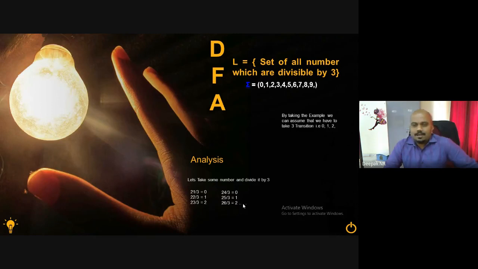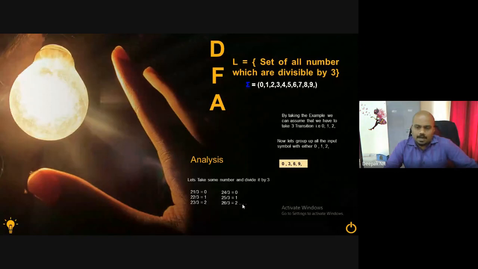Let me take a few more examples on how to start. When I start dividing whole numbers, I'll make groups of all the numbers from 0 to 9. For example, if I take the numbers 0 to 9, 0 divided by 3 gives remainder 0, correct?